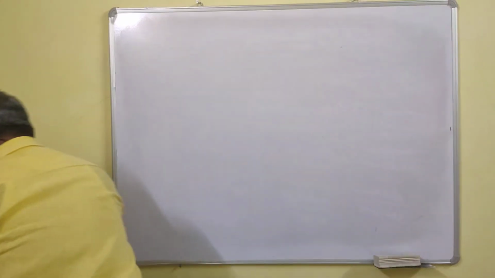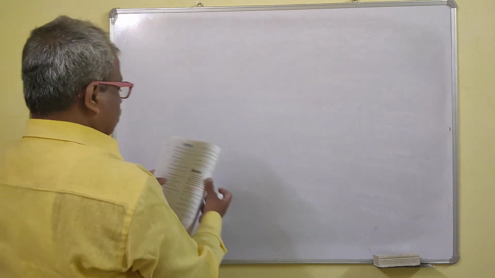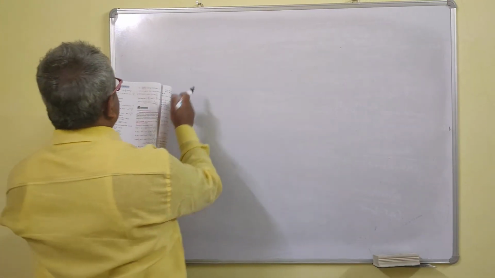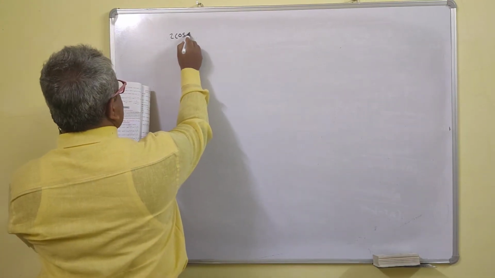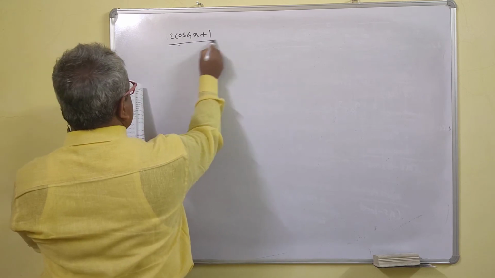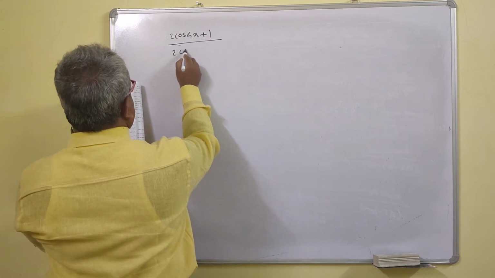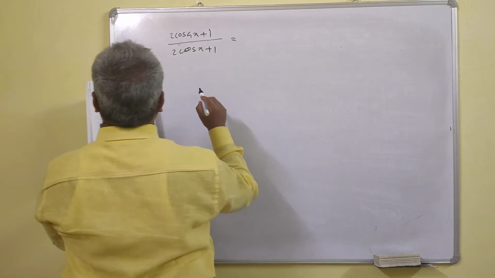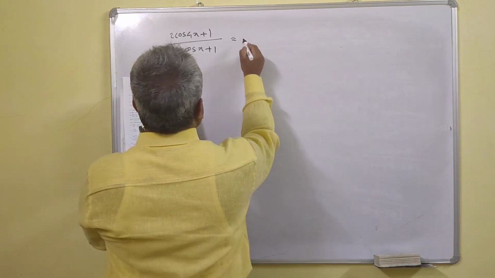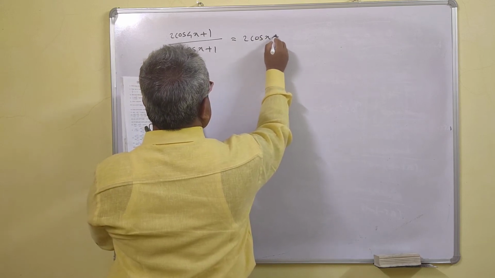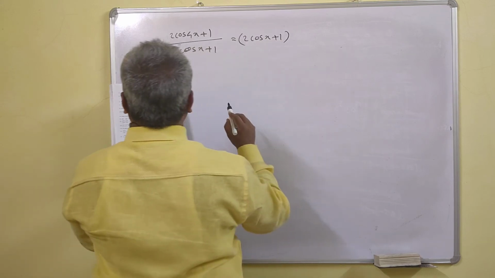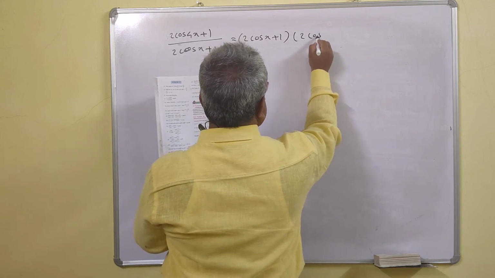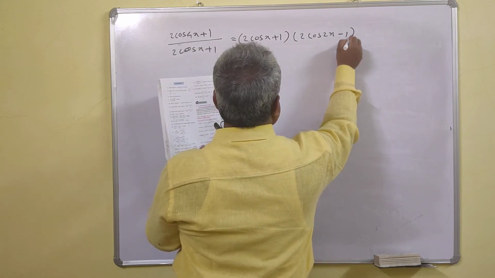Next, prove that 2 cos 4x plus 1 upon 2 cos x plus 1 is equal to 2 cos x plus 1, 2 cos twice x minus 1.